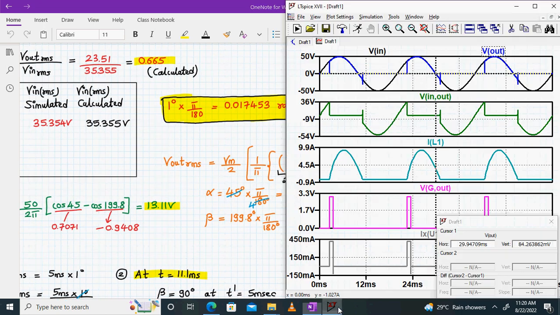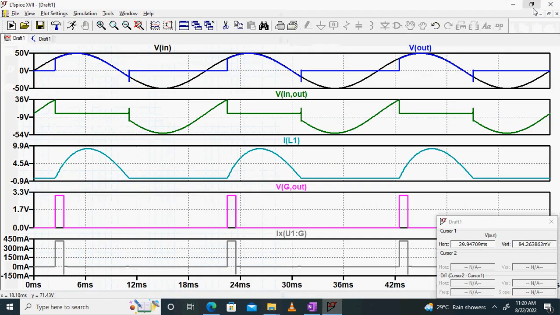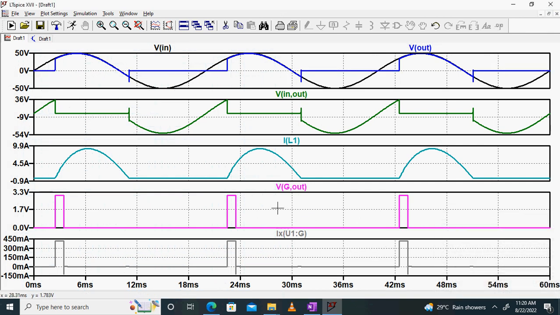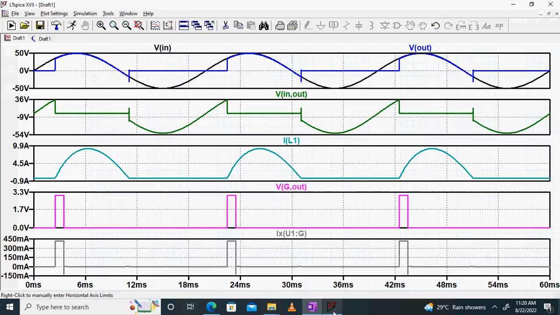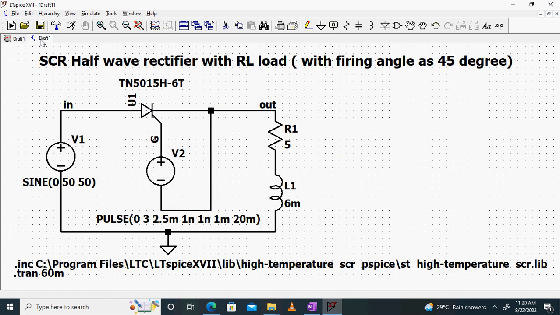And also, in this simulation, there is one more thing. Whatever we have done, we have to do it for the alpha value of 60 degrees, right? So how will you change the alpha value to 60 degrees? Yes, you will change the delay time, right? I have shown you how to calculate the delay time for the alpha value we decided, 45 degrees for example. Now you have to set it for 60 degrees.